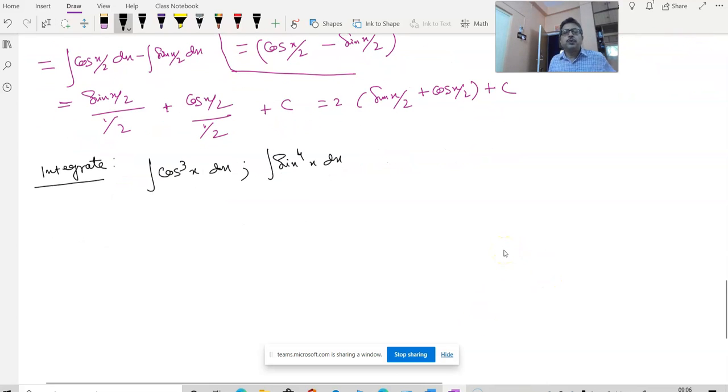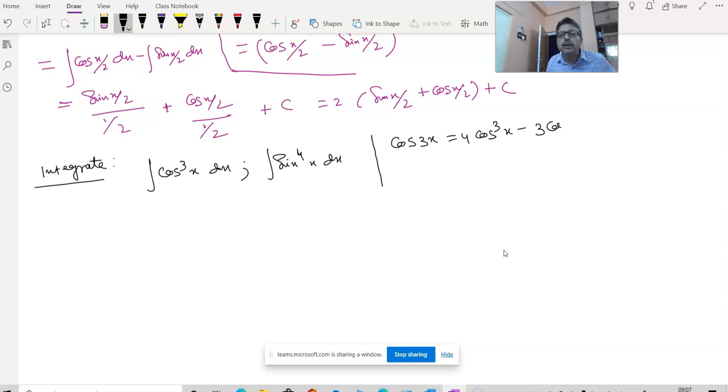So our effort will be to convert this one to linear one. Because you know cos 3x equal to 4 cos cube x minus 3 cos x, therefore 4 cos cube x will be cos 3x plus 3 cos x. See, how can I change it now?